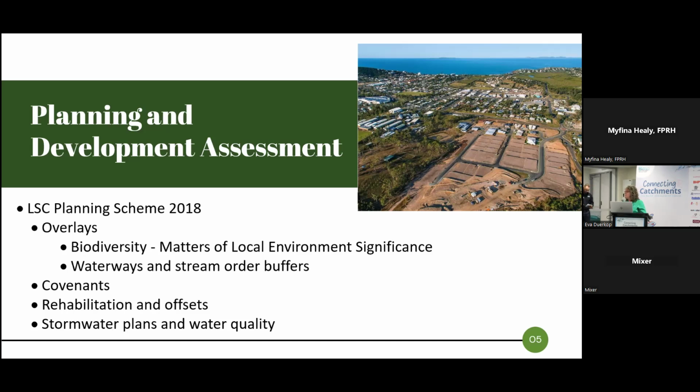So that's where the covenants come in. And rehabilitation too. So we're always seeking the opportunities to see parts of a development area restored or rehabilitated if possible. And of course, all developments need to develop stormwater management plans and consider the water quality of water leaving those development sites.